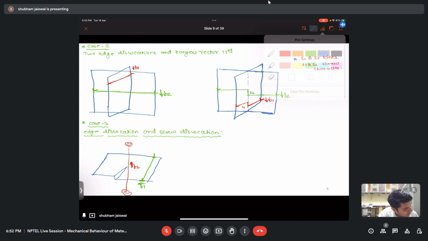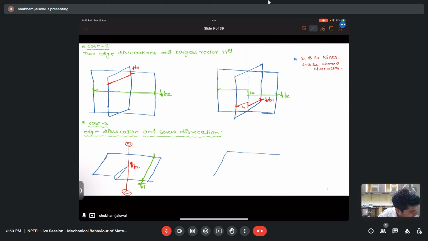So here, drawing again. As this dislocation is moving this side, it will create a step in B2 in the direction of B1.